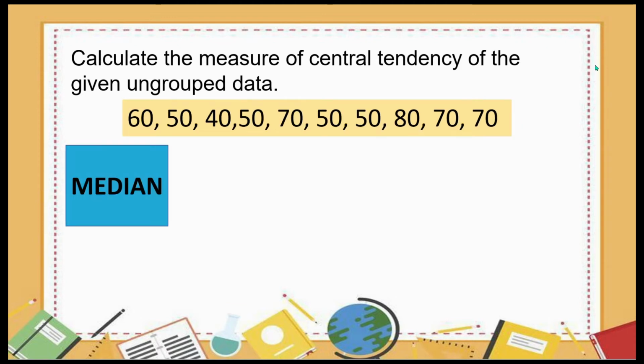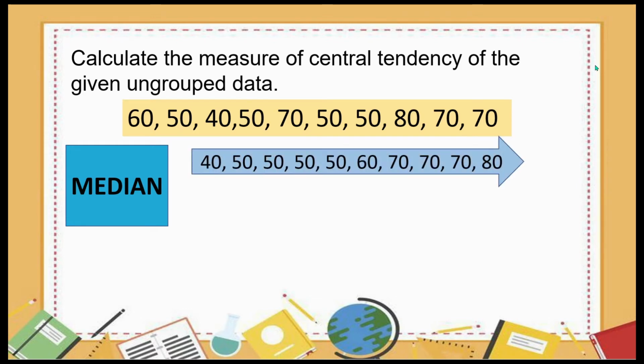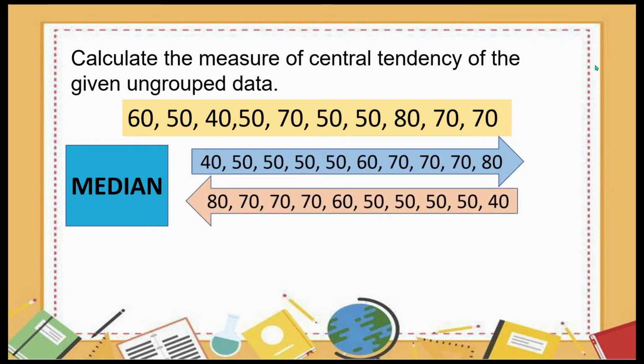Next is the median. Always remember that in finding the median, you need to arrange first the data in ascending or descending order. Now, the data were already arranged. As what I had said a while ago, there are 10 data in a set and we know that 10 is an even number. Therefore, we need to locate the two middle numbers.